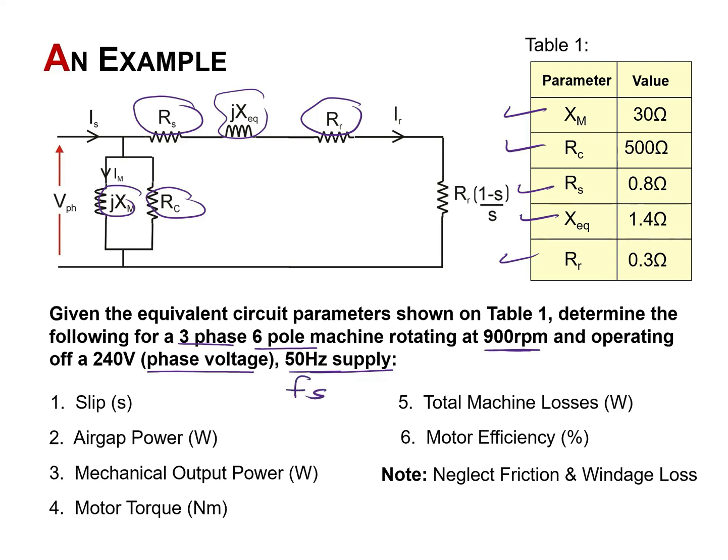We need to calculate the slip, the air gap power, the mechanical output power, the motor torque, the total machine losses, and the motor efficiency. Also, you have a slight note over here to neglect the friction and the windage loss. So let's get started. We will do this example together, and then I'm going to give you another example to solve and practice on your own after that.